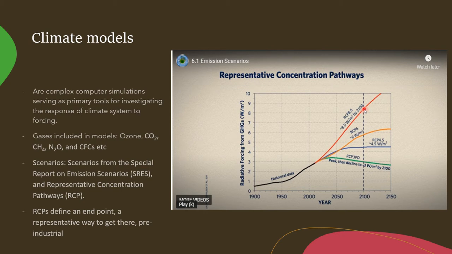So this is the RCP you see from here. This is the RCP 8.5 in 2100, the end of the century. This path will take us to 8.5 watt per square meter of radiative forcing of greenhouse gases by the end of the century.